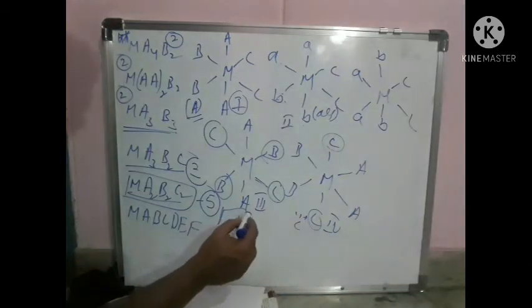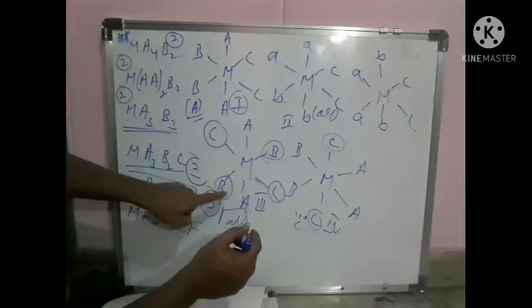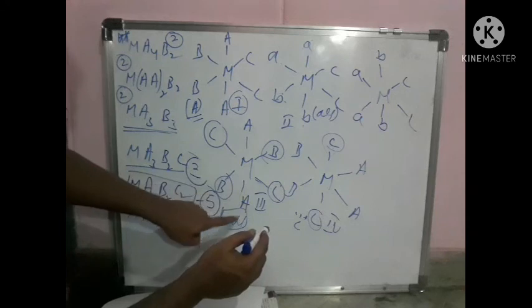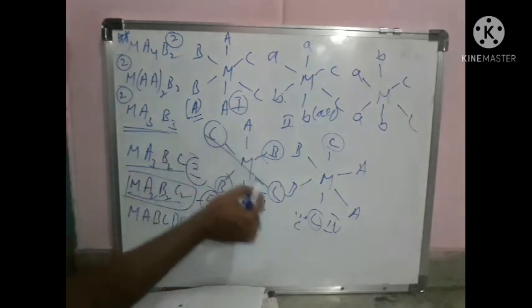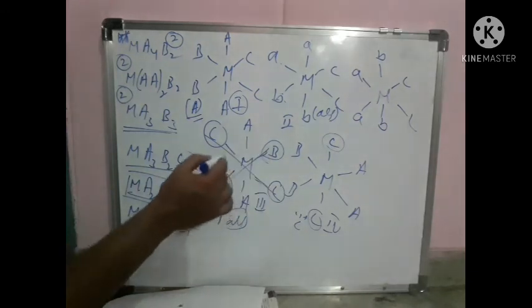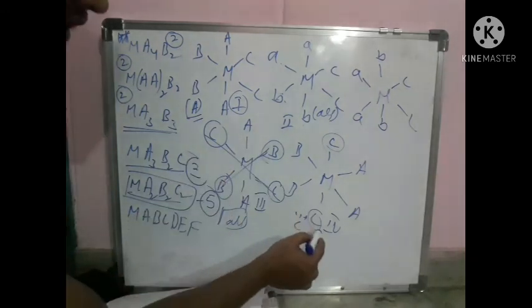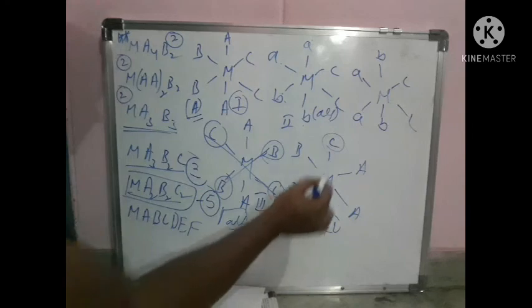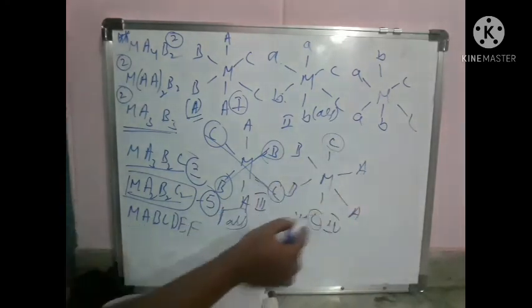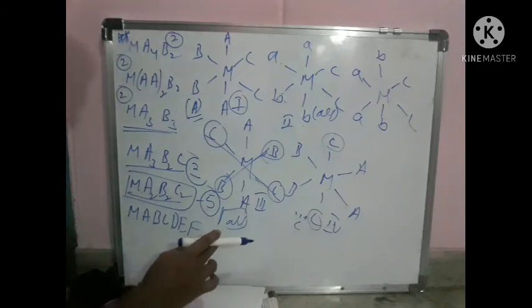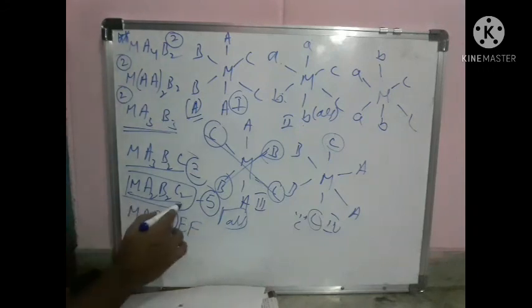And now, all are in trans: AA is in trans position, CC is in trans position and BB is in trans position. Now in this case, CC is trans and the remaining BB and AA are in cis position. So like that, MA2B2C2 can exhibit 5 types of geometrical isomers.